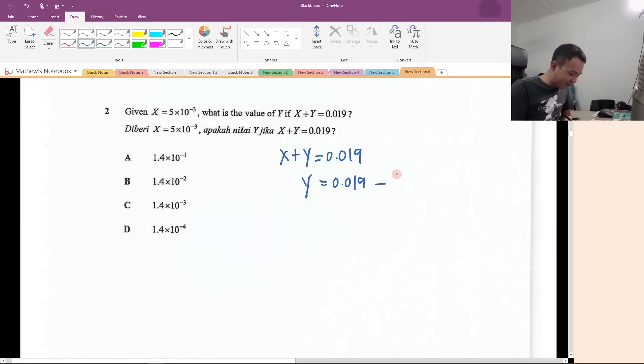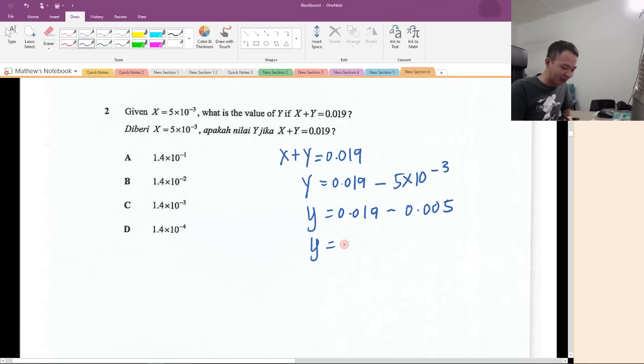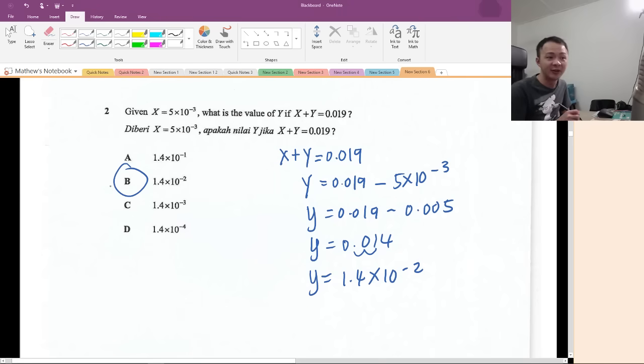So x is 5 multiplied by 10 to the power of negative 3. So this one will be 0.019 minus 0.005. Then you use the calculator, you should get 0.014. Then I round off this one, move 1, 2. So it will be 1.4 times 10 to the power of negative 2. So answer will be B.